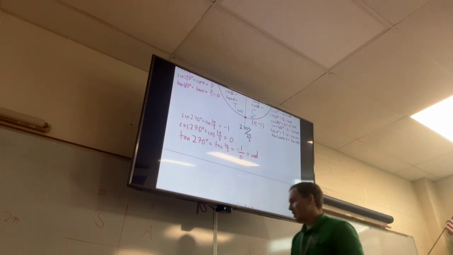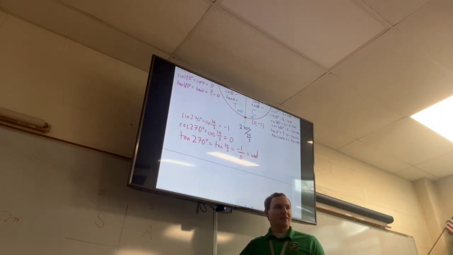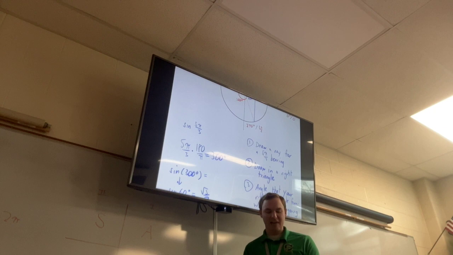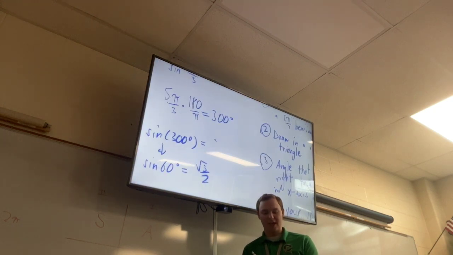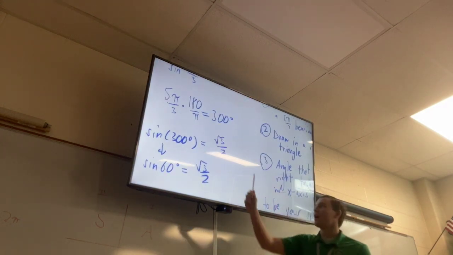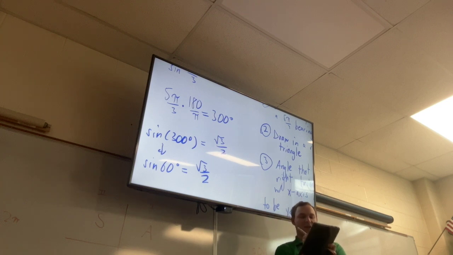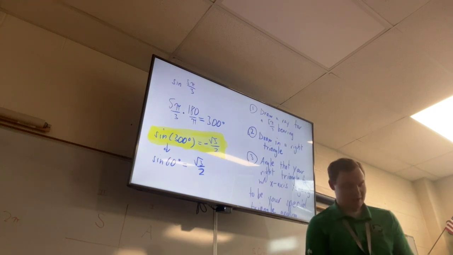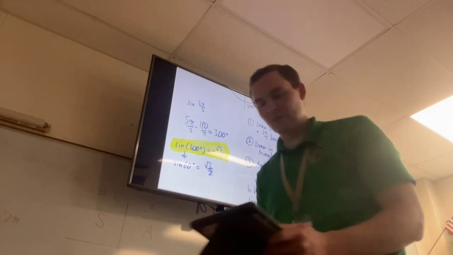Which trig function is positive in the fourth quadrant? Cosine. So the sine of 300 degrees is going to be just like root 3 over 2, except I've got to put a negative on it. This will get better with practice, I promise.